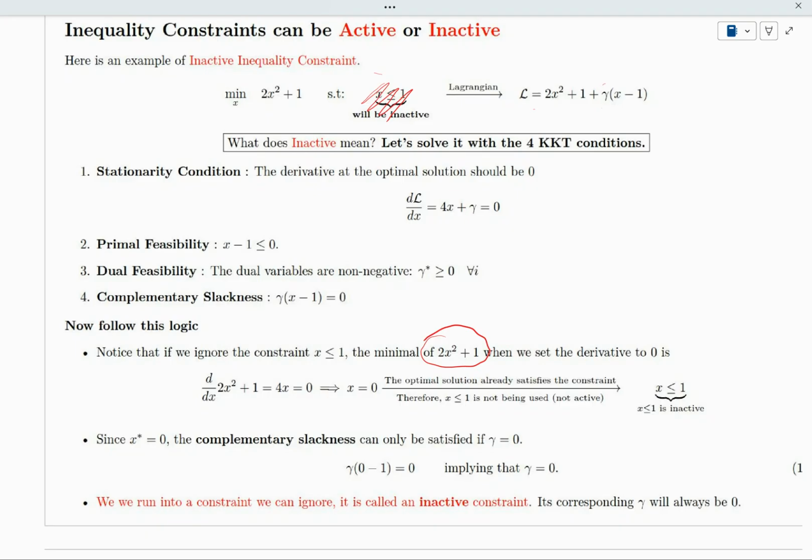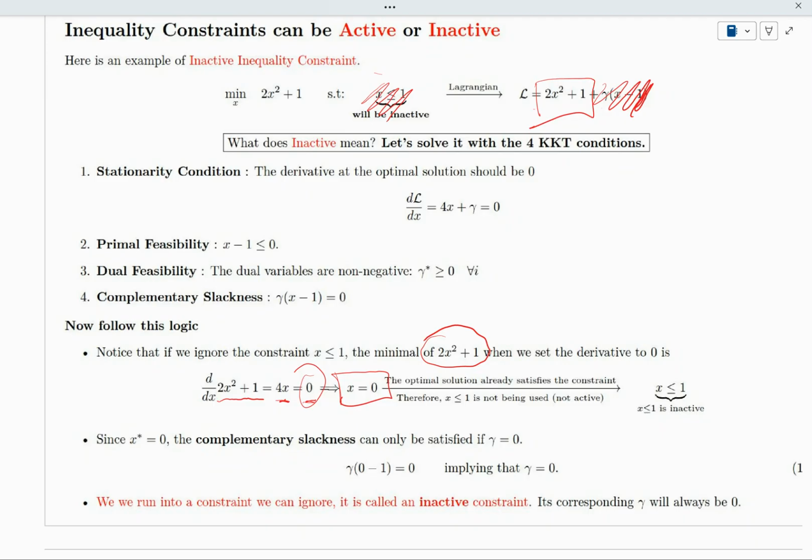If we don't have this constraint, we take the derivative of this, which gives us 4x, and the solution is 0. So if we don't have this constraint, the solution is equal to 0.